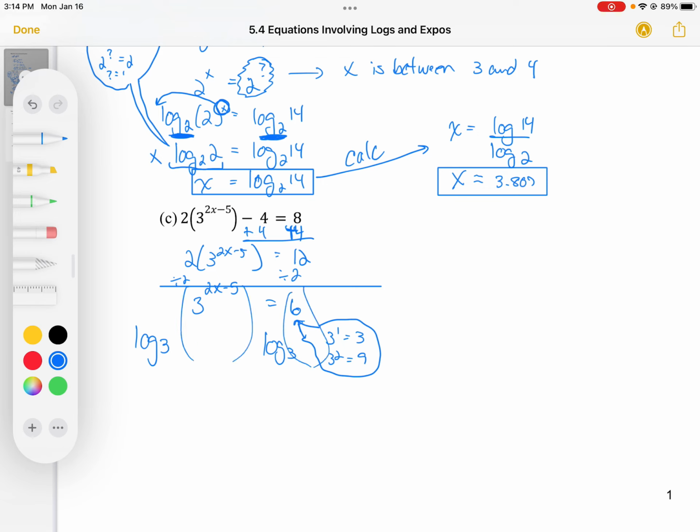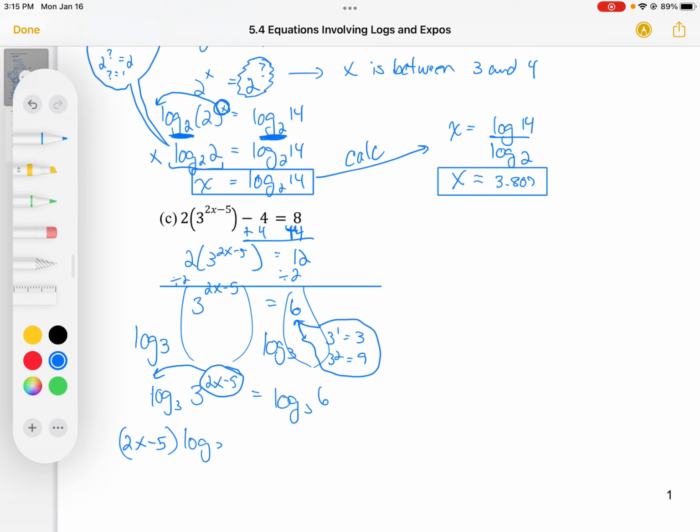So now on the left side, I have log base 3 of 3 to the 2x minus 5 equals log base 3 of 6. Now the whole reason I did this, again, we saw this in the previous problem, is I'm going to bring the 2x minus 5, the power, out front using my power property.